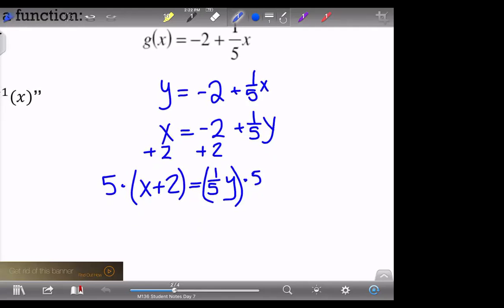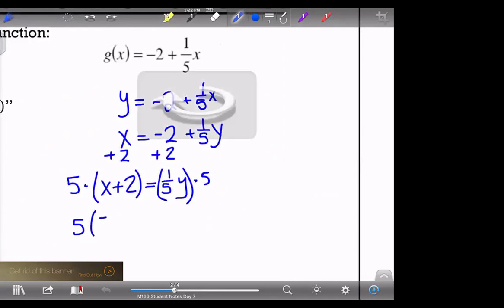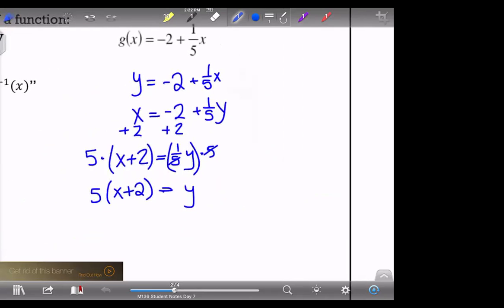On the left-hand side, we can either leave it as 5 parentheses x plus 2, equals 1y, or if you want to go ahead and multiply 5 times x to get 5x and 5 times 2 to get 10, that would work as well.